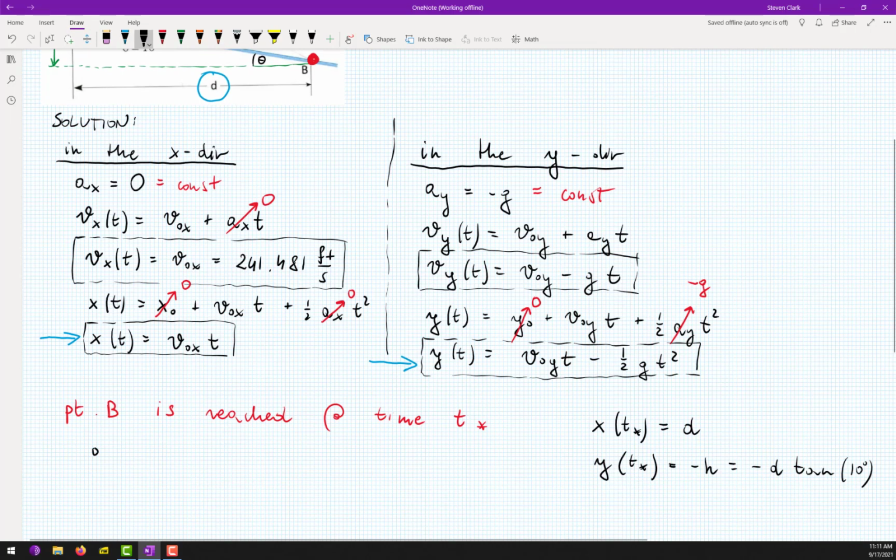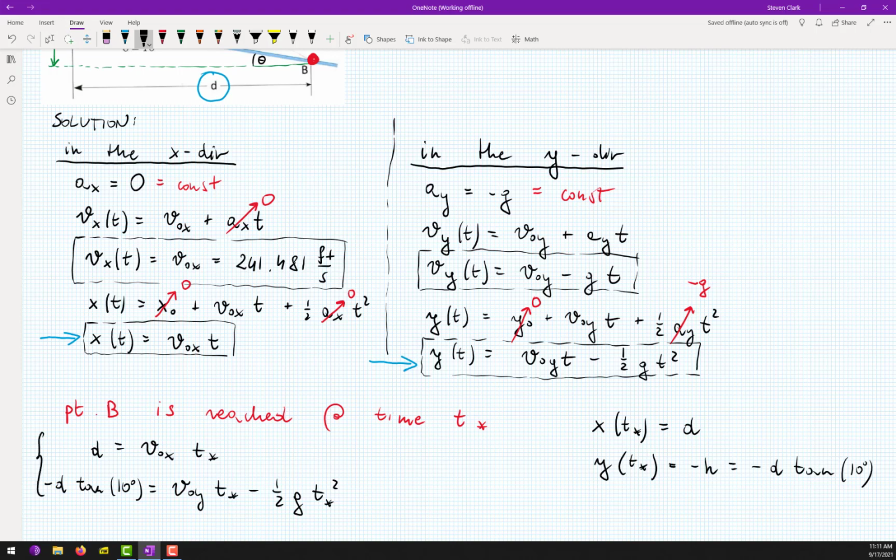So we basically have d is equal to v0x t star. And we also have that minus d tan 10 degrees is equal to v0y t star minus 1/2 g t star squared.